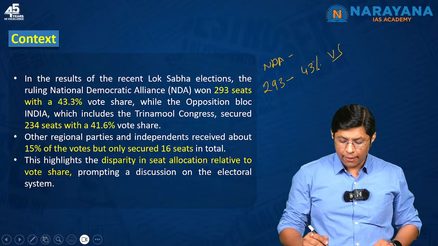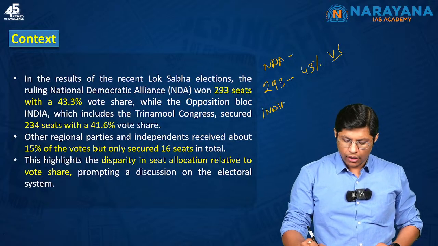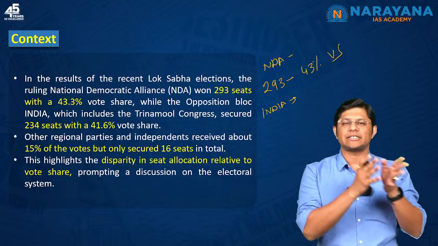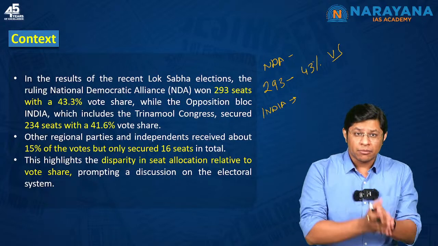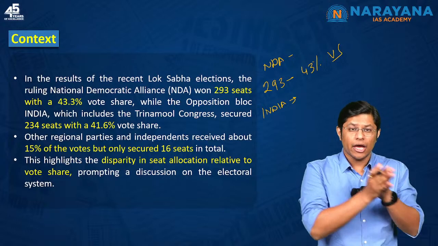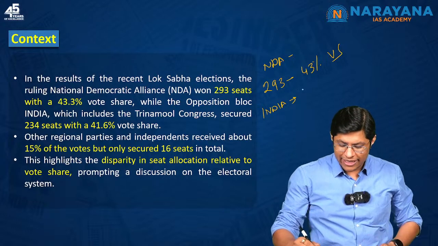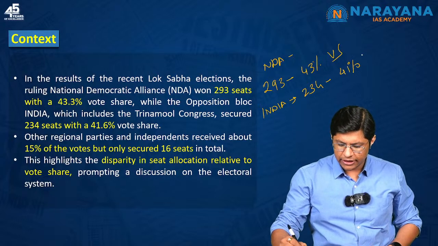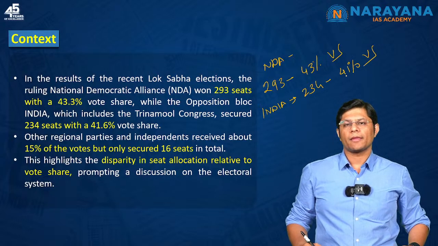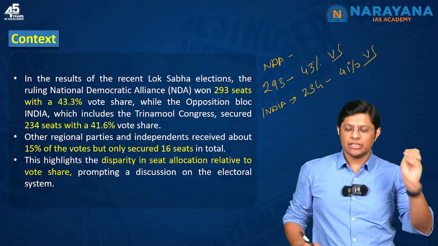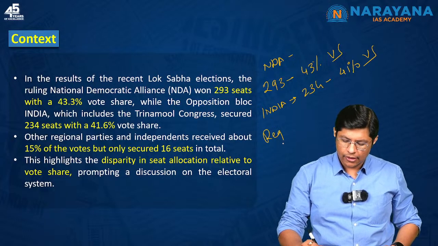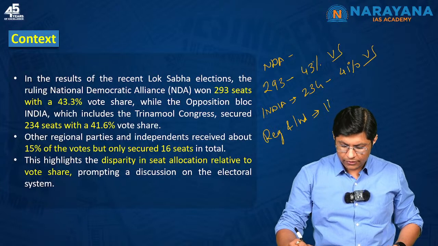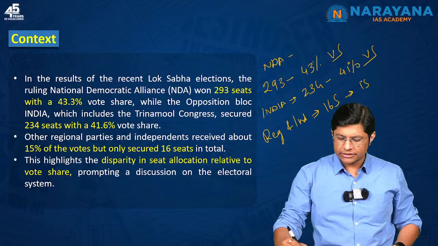And the India bloc, which is a coalition group of Congress plus other political parties like Aam Aadmi Party, Samajwadi Party, Trinamool Congress, secured 234 seats with 41% vote share. And the other regional political parties and independent candidates won 16 seats and their vote percentage was 15%.